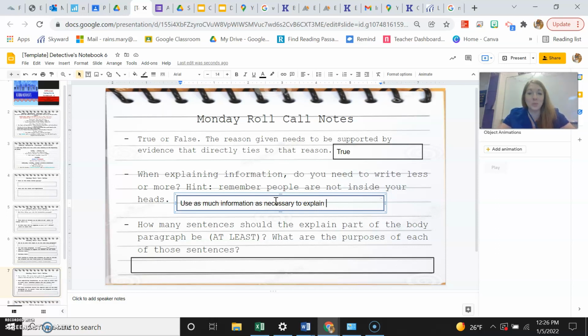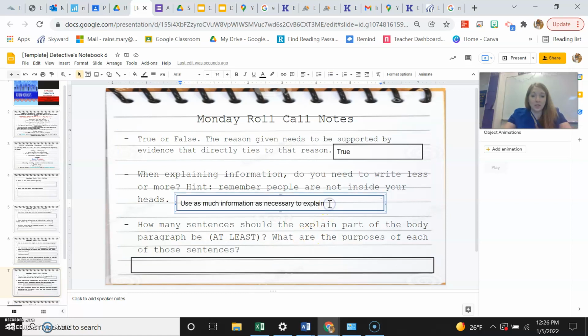You don't want it to be super lengthy, but you do want to give them as much information as necessary. That could be 2 sentences, that could be 4 sentences. It could be as long as it needs to be, but if it's 4 sentences and you could have said it in 2, then you need to rewrite that to make it more clear and concise.